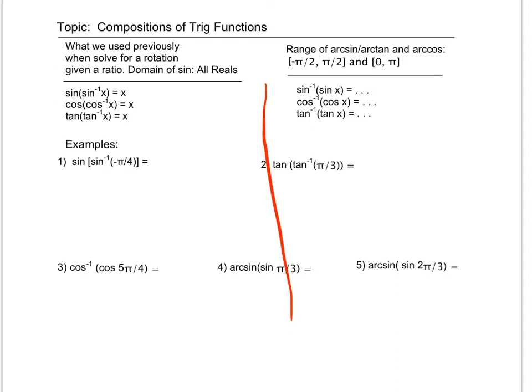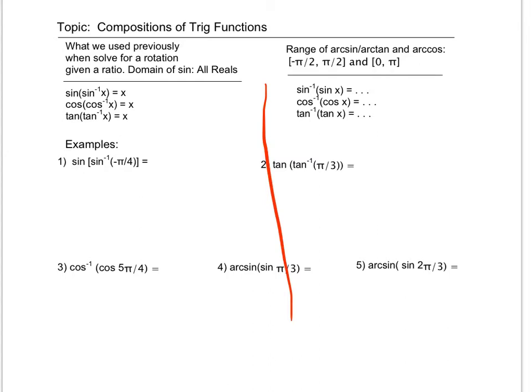So if you are taking the sine of sine inverse, cosine of cosine inverse, or tangent of tangent inverse, they do indeed cancel. The reason is the value that your inverse function gives you will always be within the domain of your given trig function, mainly because their domains don't have a lot of restrictions.